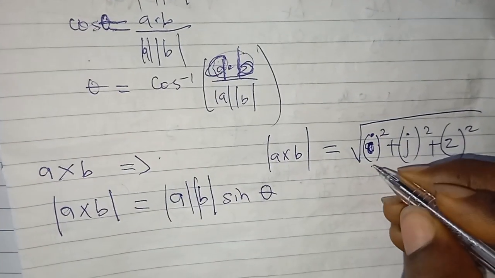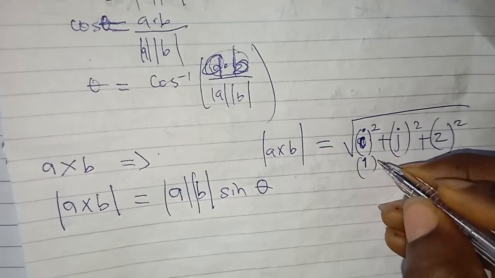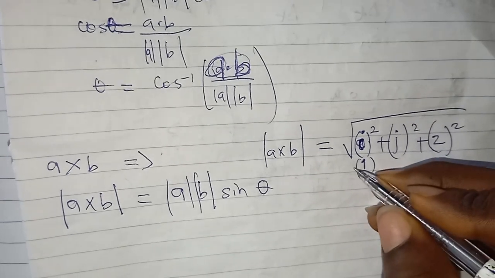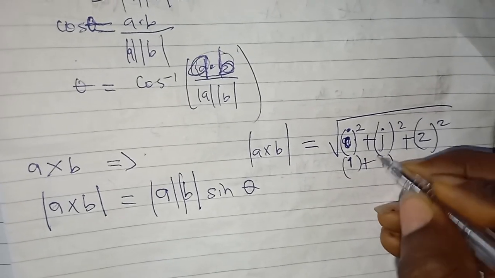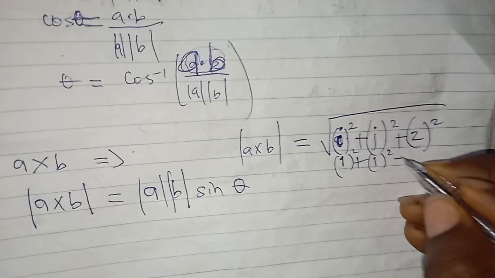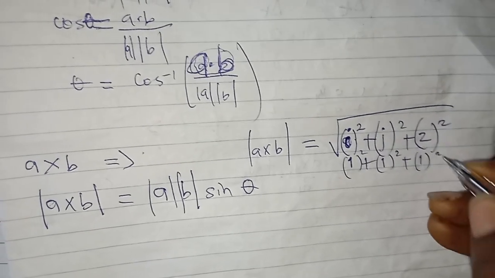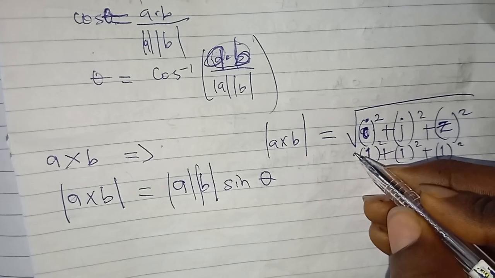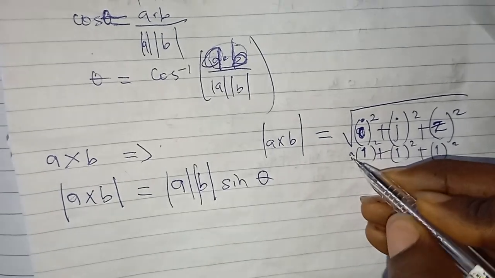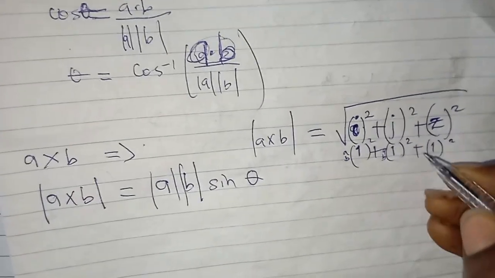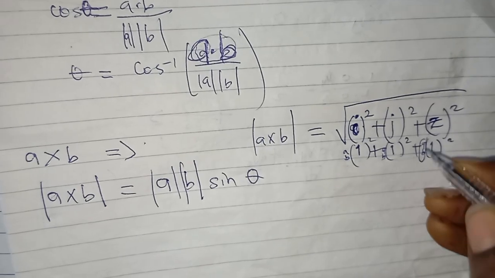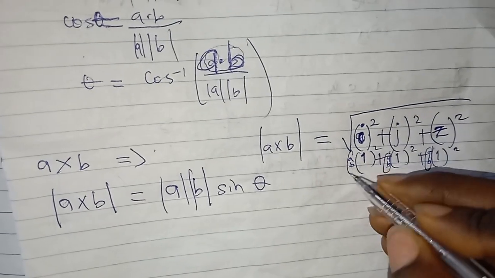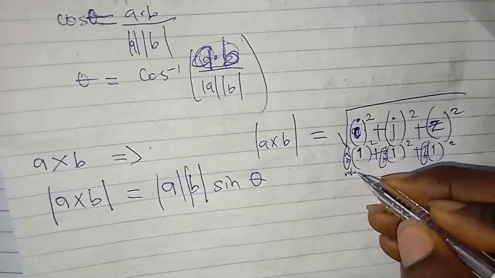At the end of the day, this is the same as 1 times anything you have there plus 1 times anything you have there plus 1 times anything you have there. This is z. So times, let's say, the AB values.